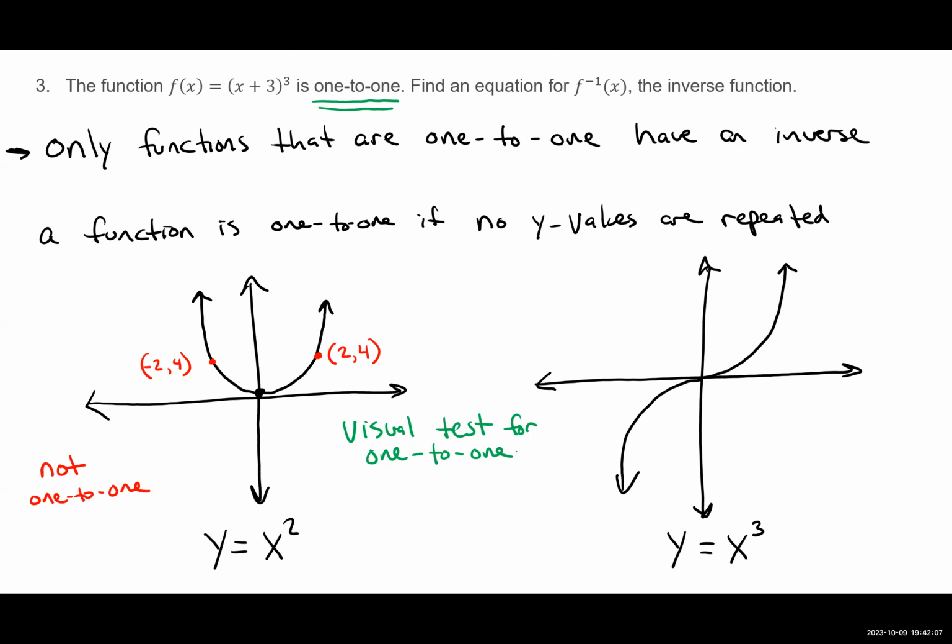A visual test for 1 to 1 is what's called the horizontal line test. Apologies for my terrible handwriting.